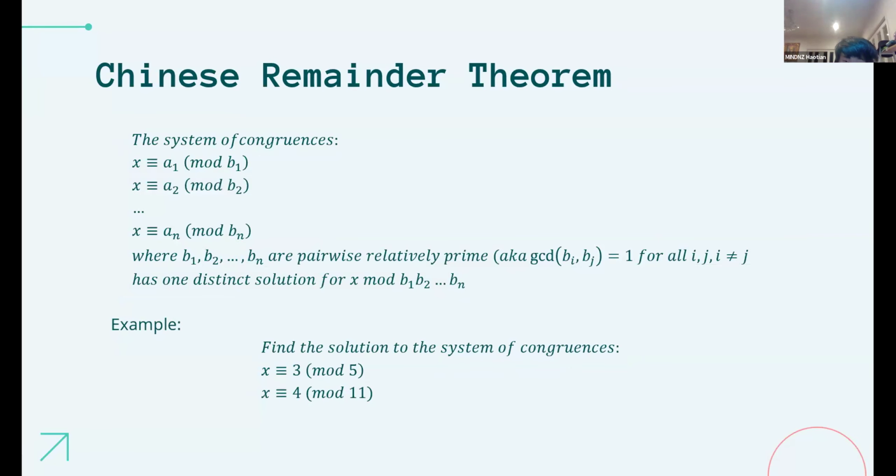We want to find x, and we know x is congruent to a1 mod b1, and x is congruent to a2 mod b2, and we have n of these, so x has a remainder of an mod bn, and all the b's are pairwise relatively prime, which means for any two different b's, bi and bj, their greatest common divisor is 1.